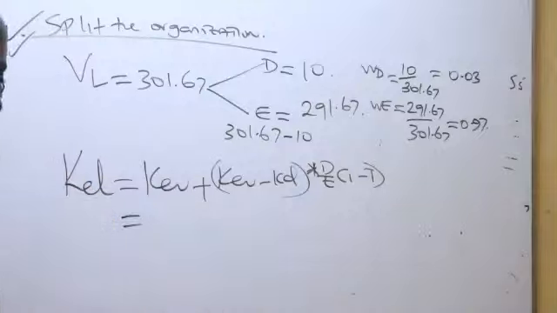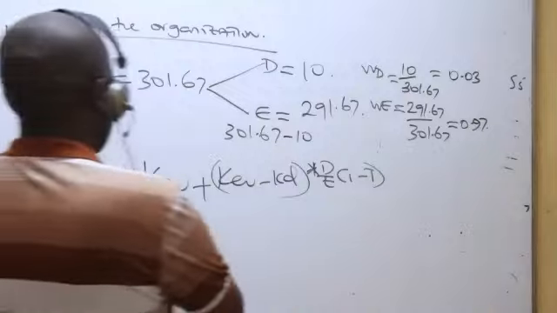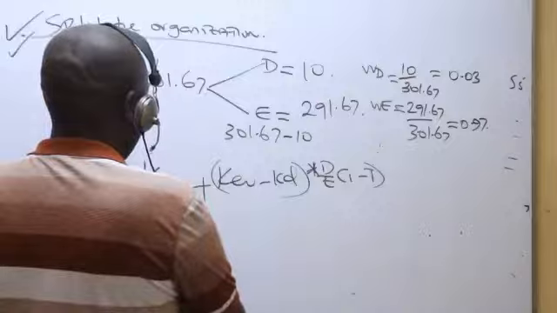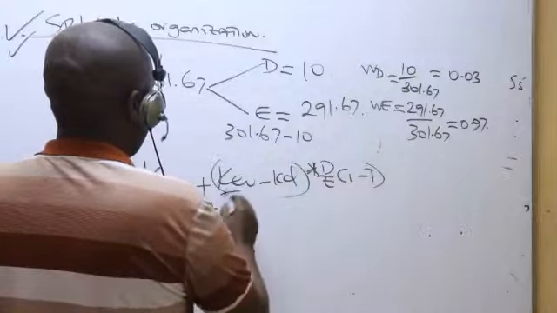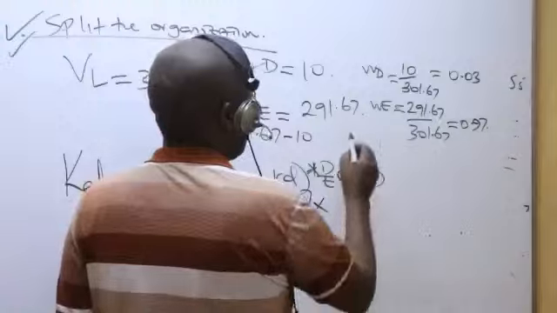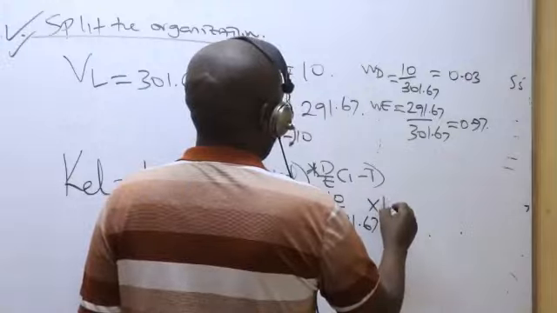Ku is the cost of equity of the unlevered firm. So Ku is 12%, the same as 0.12, plus (0.12 minus KD of 0.07) times debt, which is 10, over equity, 291.67, times (1 minus 0.3).